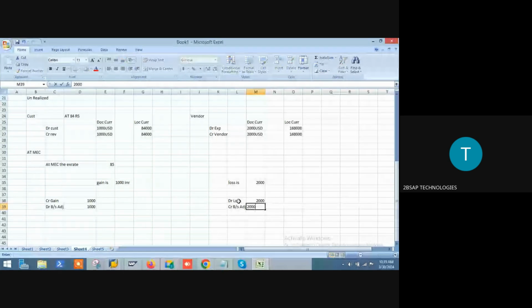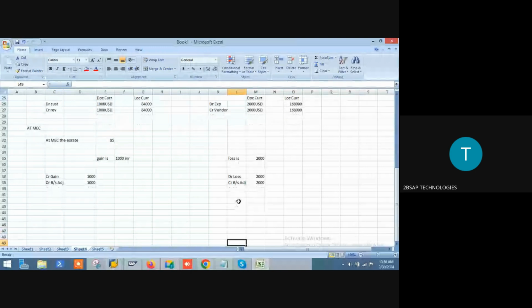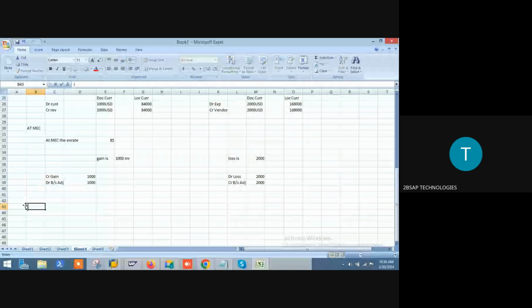Clear, sir? Is it a real financial accounting entry? Is it real, sir? Yes, you are just doing an adjustment because of your exchange rate. So what do you do immediately in the next month? We will reverse the posting immediately in the next month.